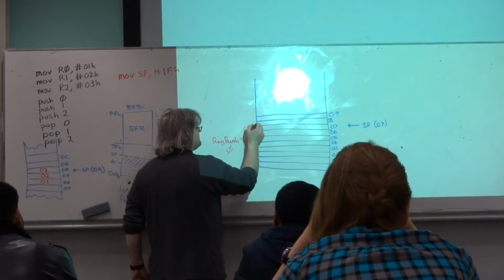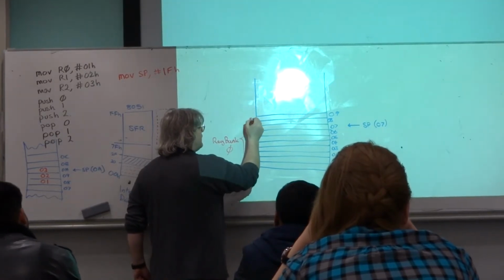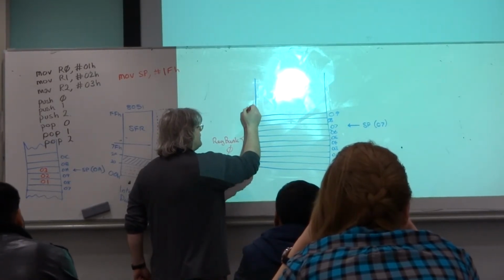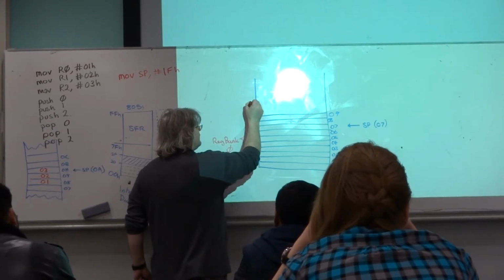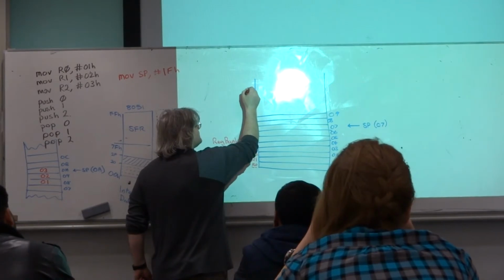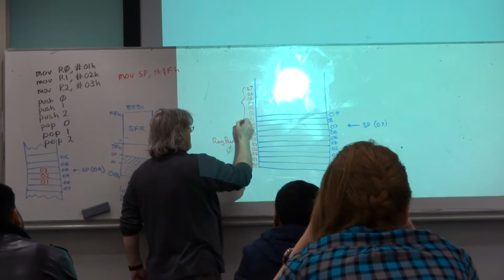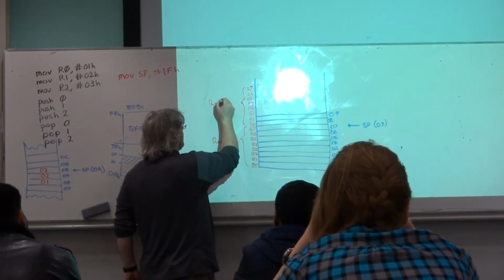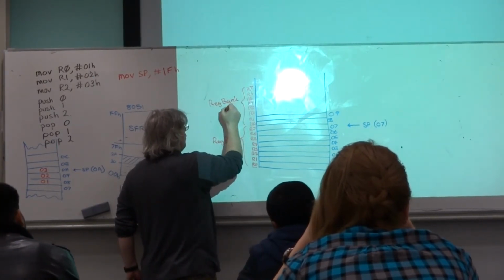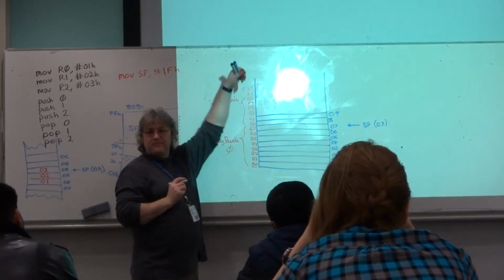And then above that, we've got R0, R1, R2, R3, R4, R5, R6, R7, which will be register bank 1, and so on. Okay?